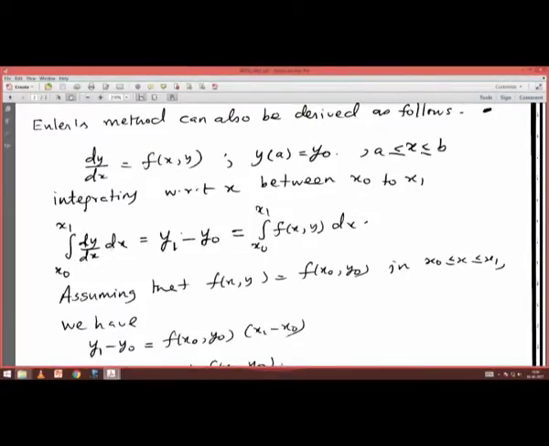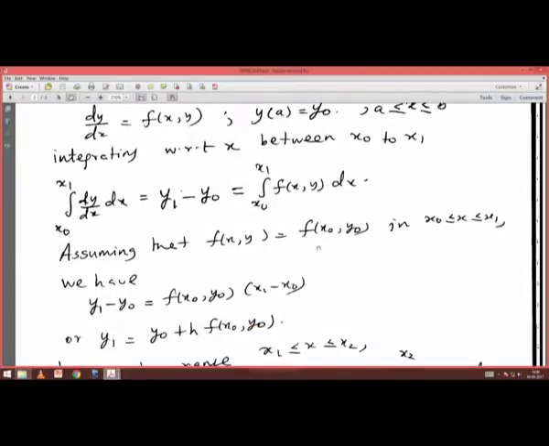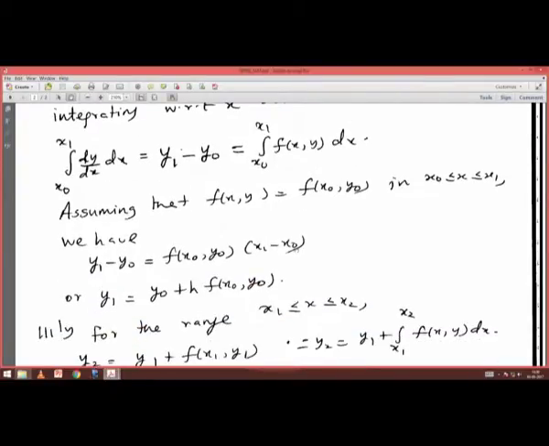So, it is dy by dx into dx. That will give you y between x0 and x1. So, it is y1 minus y0, and that is equal to the integral of the right hand side, x0 to x1 of f of x comma y dx. So, we assume at this stage that we want to approximate f of x comma y by a constant polynomial, namely the value of the function at x0 comma y0.